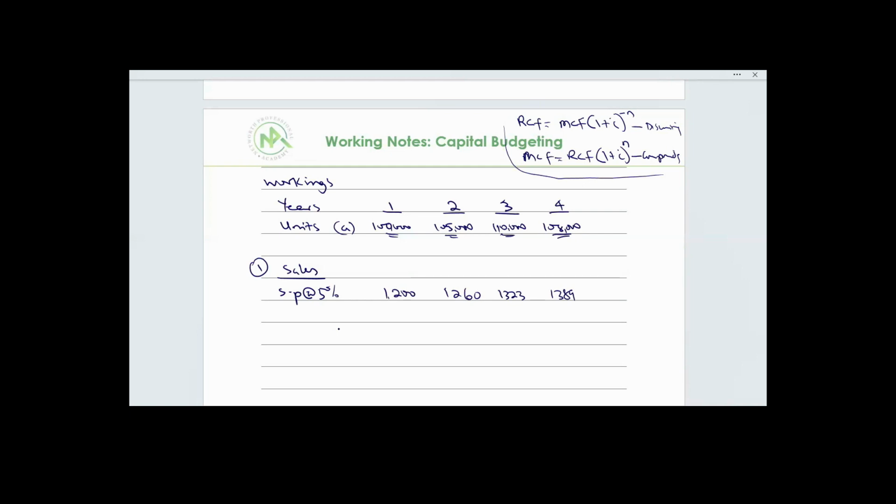Now, let's say the inflated selling price is number B. Therefore, my total sales figure in thousands is equal to A multiplied by B. Let's multiply.